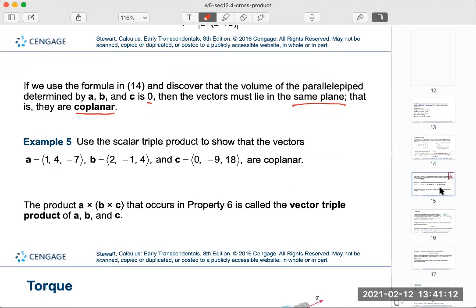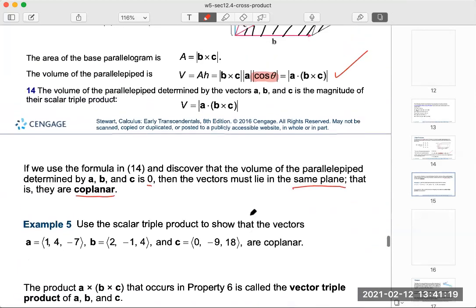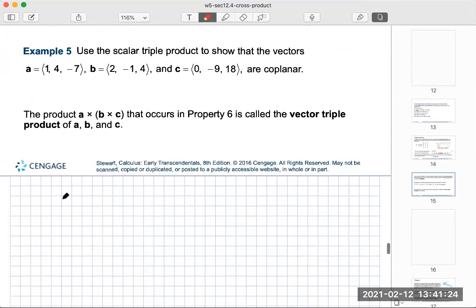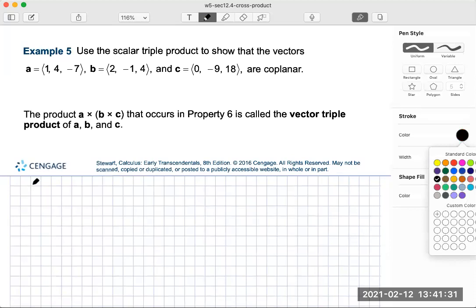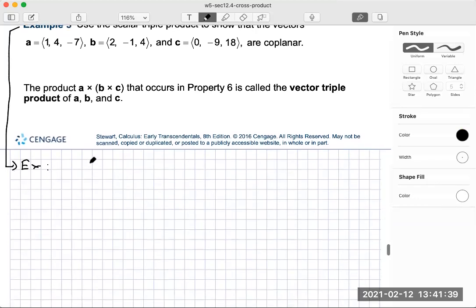So what we can do here is to simply apply the formula here, right? Let us do it. Now, let us compute A dot B cross C here. Okay.